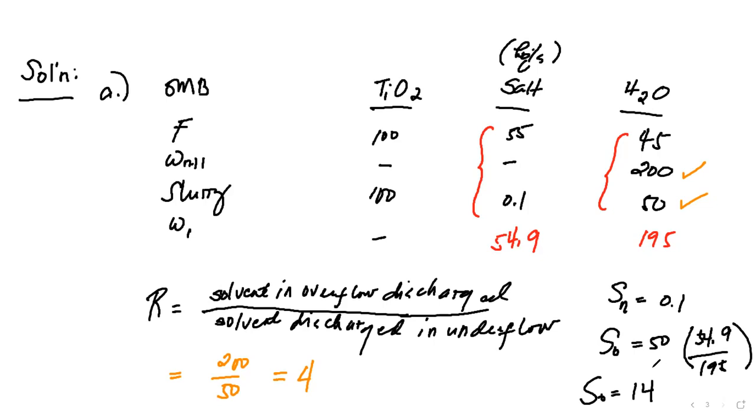So if it's already saturated, at some point the degree of mass transfer will not be that marked. It's negligible because it's already concentrated. So this is the salt present in our feed.